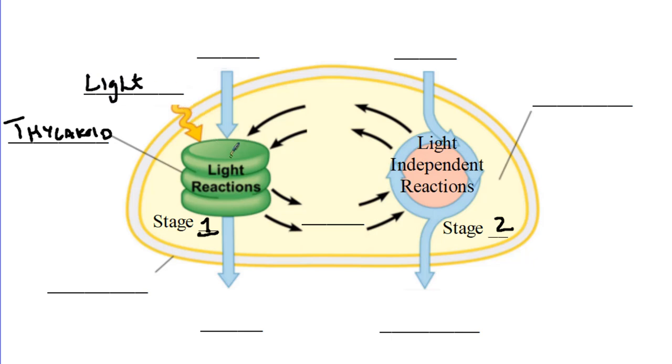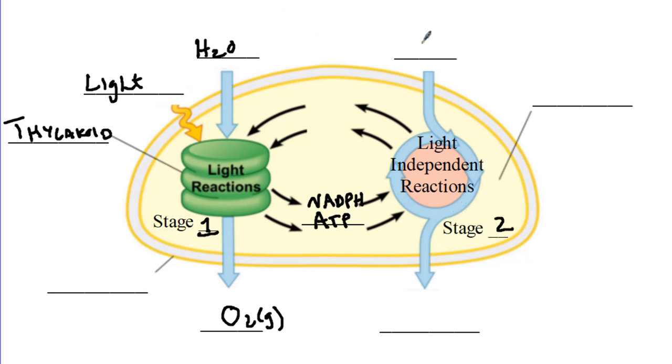You can see the squiggly line of light. We also have water coming in, and it's happening in stage 1. And what is happening is it's breaking down into oxygen gas. It gives us oxygen gas. It also gives stage 2 two different molecules, ATP and NADPH.